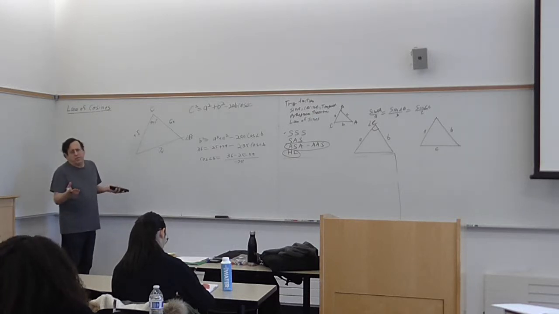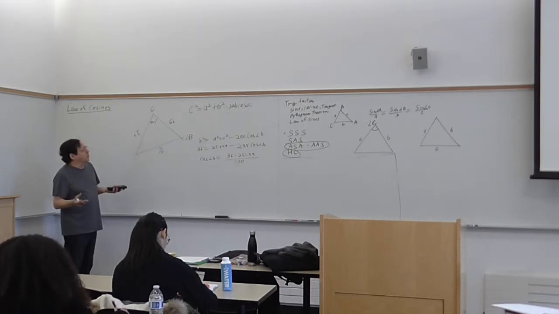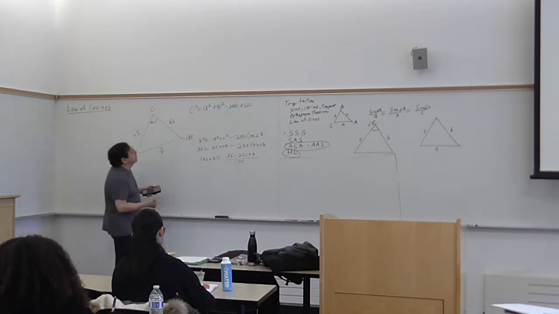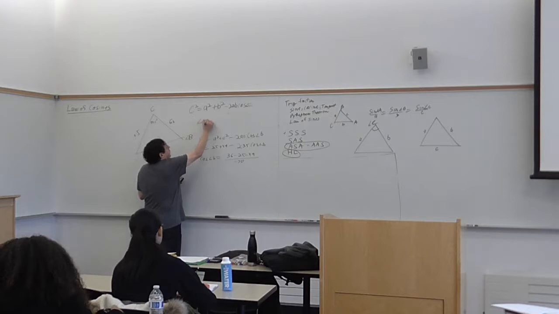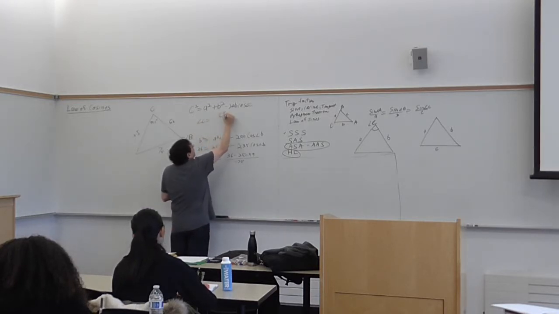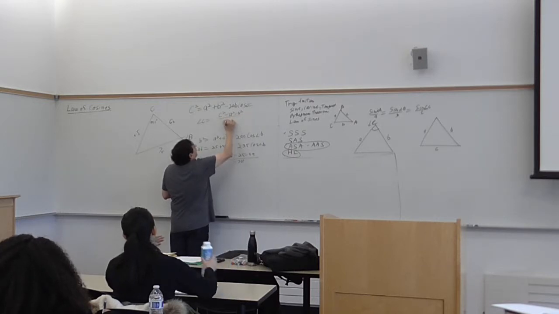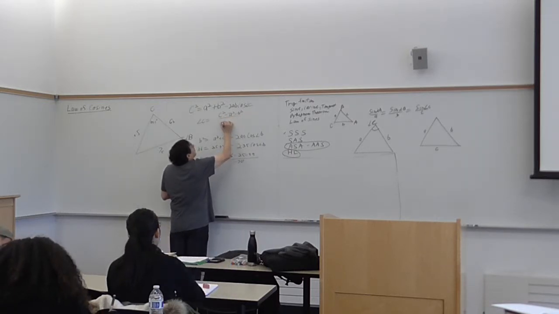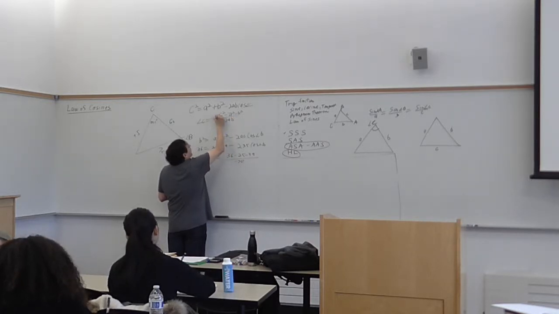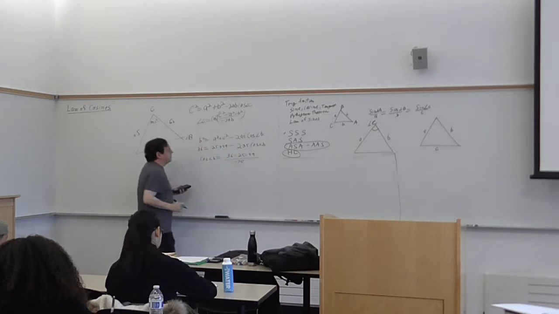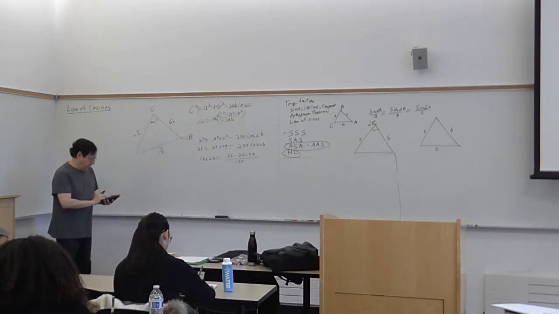I mean, we could just go right to a formula for the angle if we wanted. Here we could say angle C is what? C squared minus A squared minus B squared over minus 2AB, cosine inverse, right? We could do that.